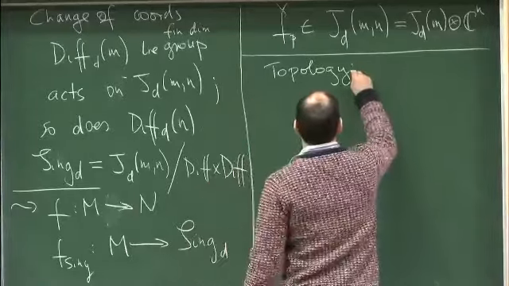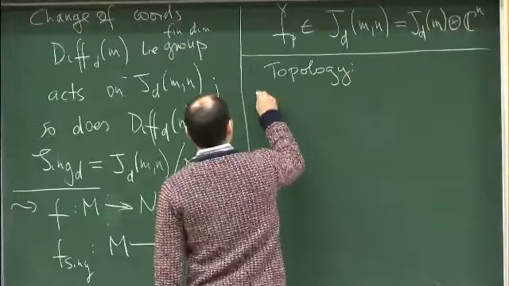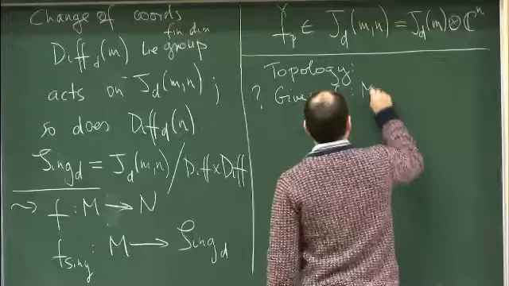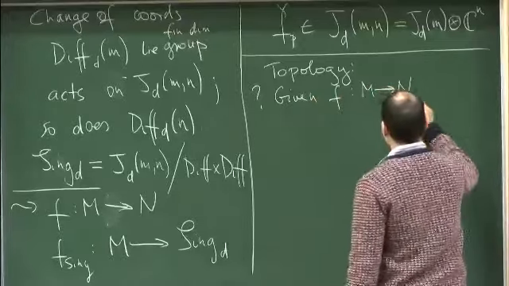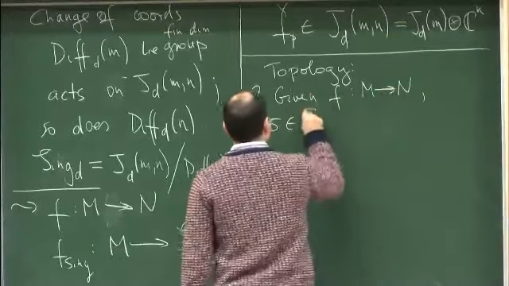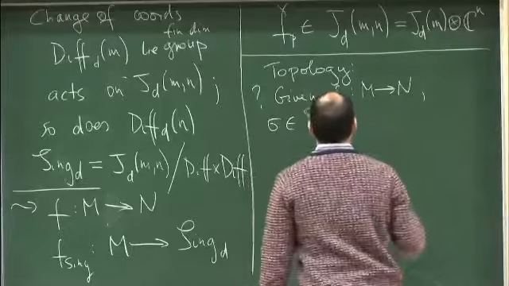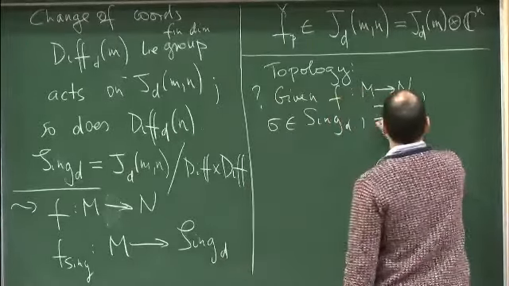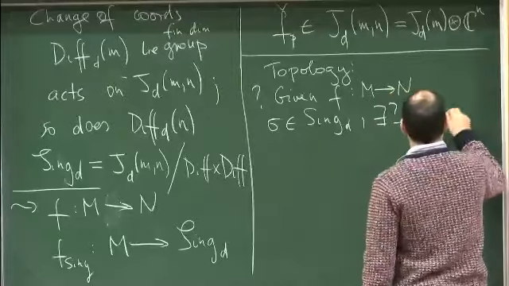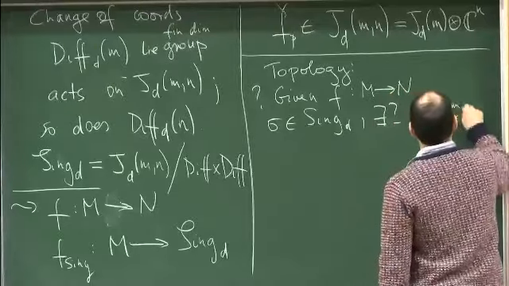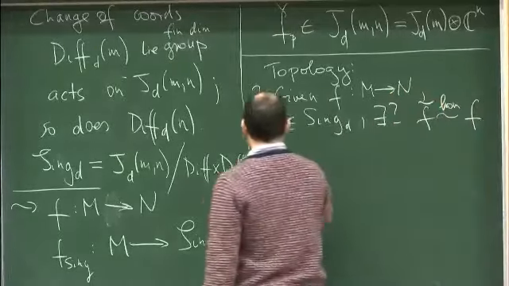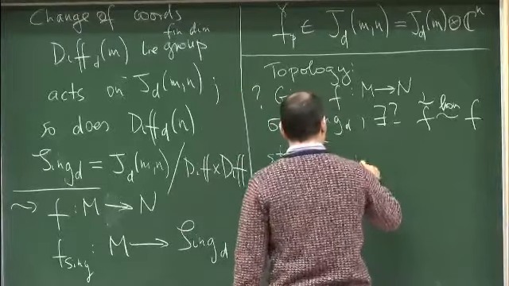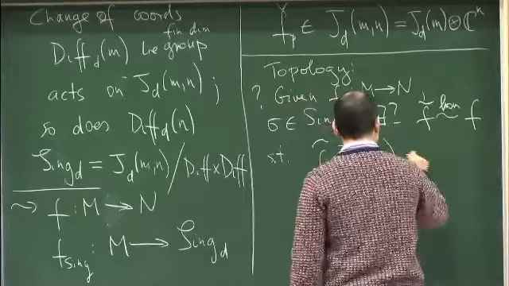So, for example, a reasonable question: given F and the singularity sigma in this sing d, does there exist an F tilde which is homotopic to F, such that F tilde sing inverse of this sigma is empty?